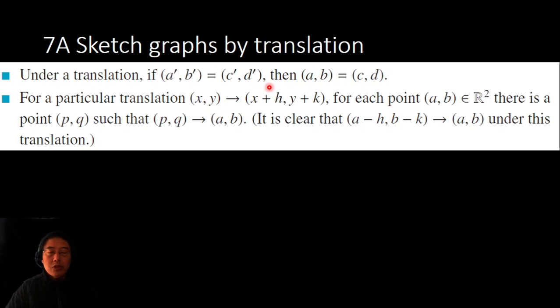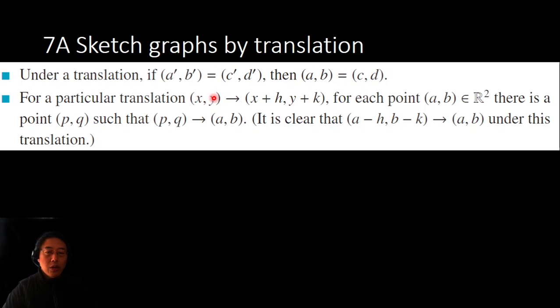Now, just to keep that in mind for the graphing, taking a step back: if you have two image points that are the same, it means the original points are also the same. That's coming from the fact that a point is uniquely mapped through those translations.